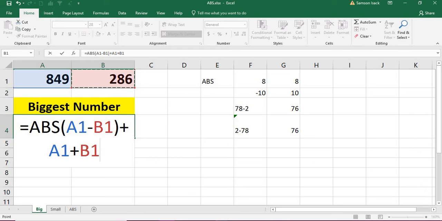If B is bigger and A is smaller, you take the difference between these two numbers and add it to A, then A plus the difference becomes B, which is the biggest number. So 2 times the biggest number. This sequence of addition and ABS gives 2 times the biggest number, so you divide everything by 2.